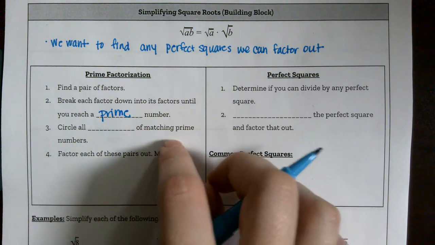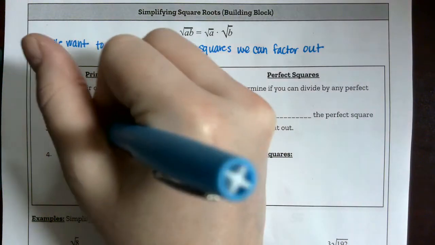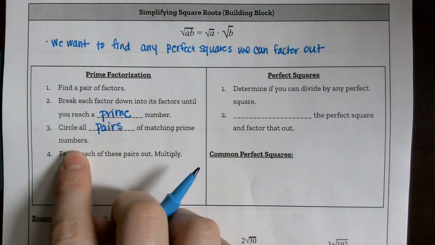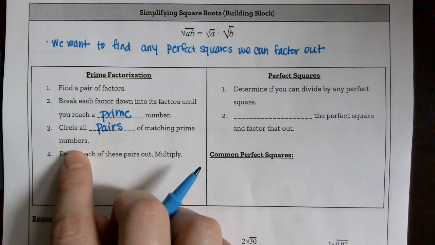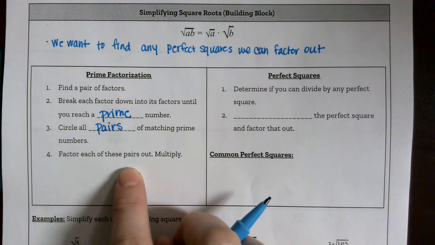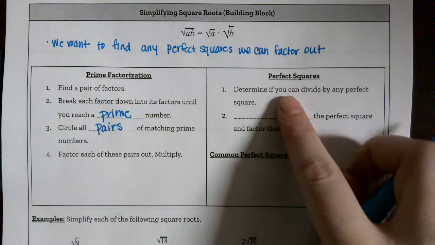Once every single factor has been broken down, you are going to circle all pairs of matching prime numbers. So if there's two 2s, you circle them. Two 3s, circle them. And you're going to factor all of those pairs out and multiply. Okay, so I'll show you an example of that in just a second, but let's fill out the notes for perfect squares.